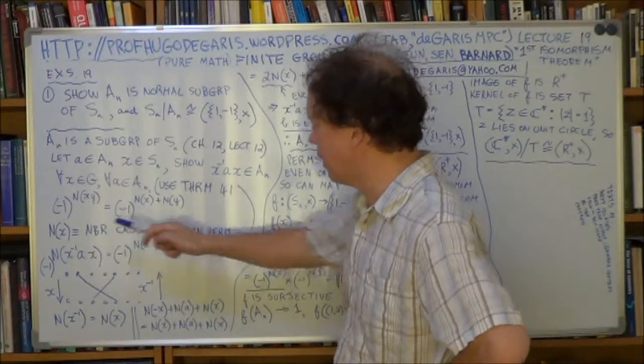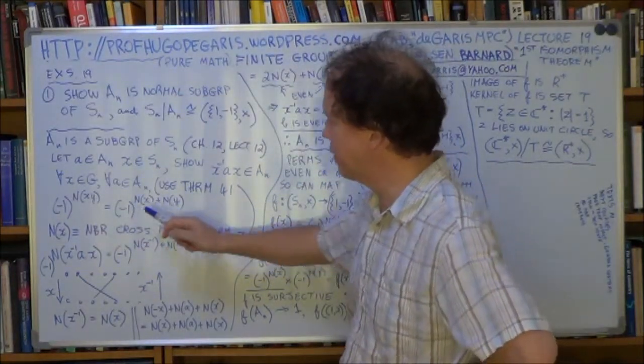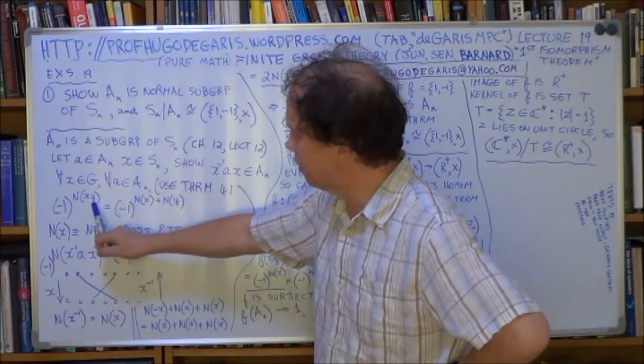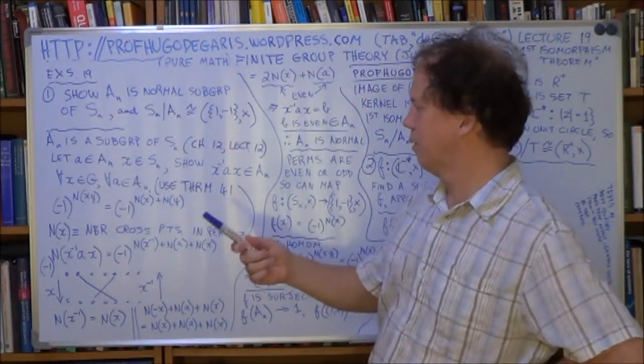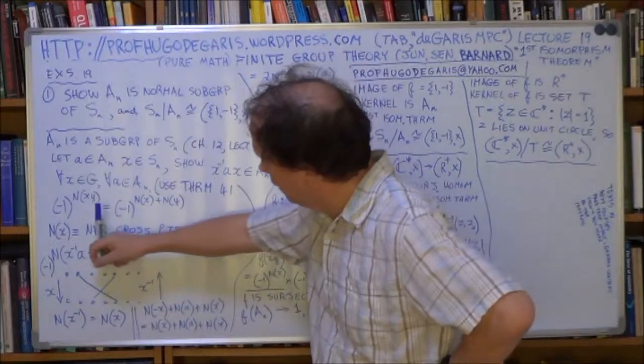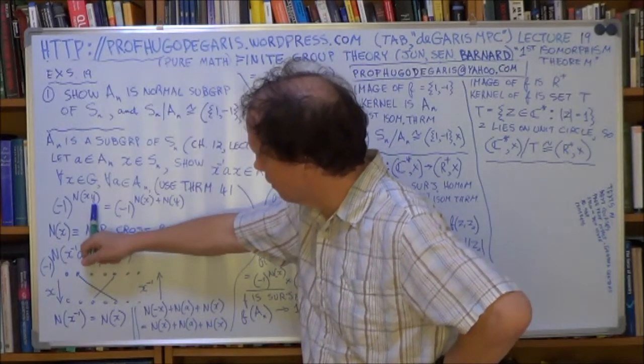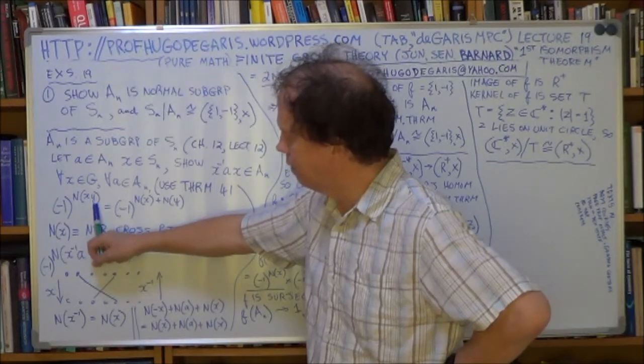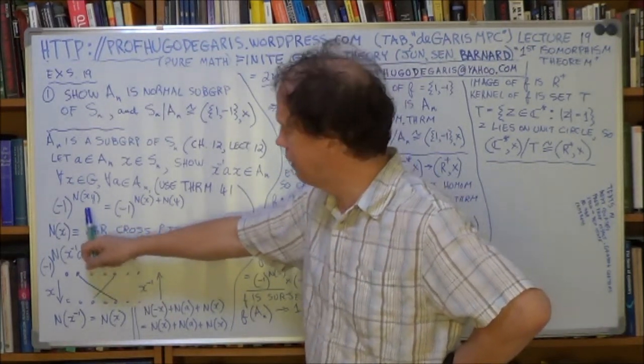So theorem 41 says this. If you perform two permutations, x and y, now if we're going to be strict about the order, usually the right hand one goes first, so you apply permutation y first, and then x.